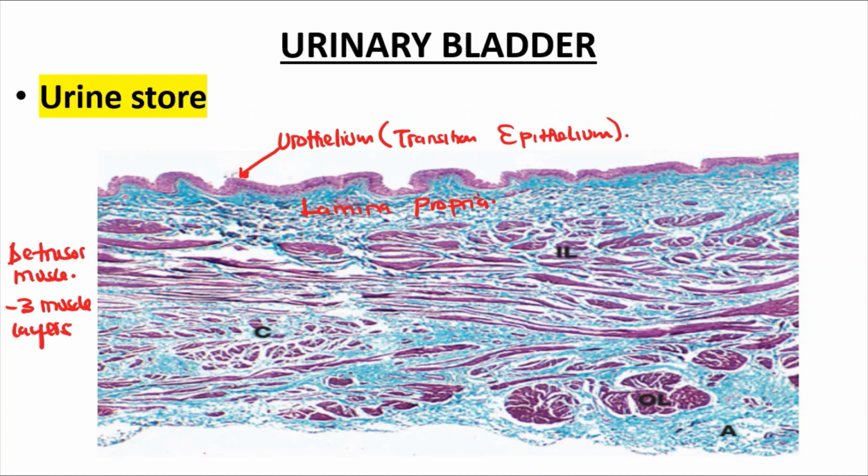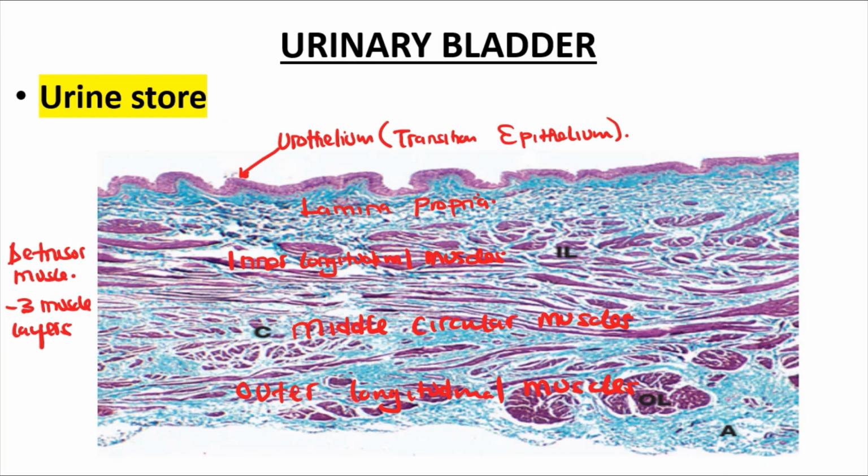It has the inner longitudinal muscles, and then it has the middle circular muscles, and then we have the outer longitudinal muscles. And then after the muscularis layer, you've got the adventitia, which has got blood vessels and nerve endings.